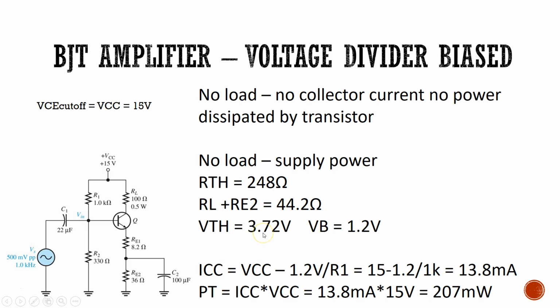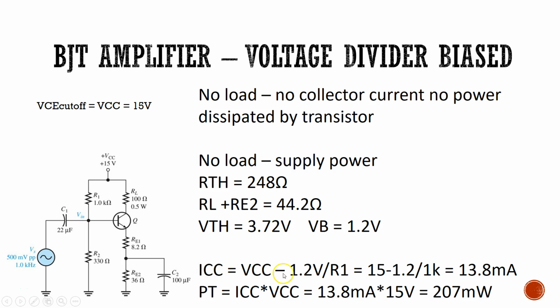And our V Thevenin is 3.72 volts. So with that and the diode, we use the voltage divider here to find the voltage across the 44.2 ohms, subtracting out the 0.7 volts for the diode. Then we can find VE and then add in the 0.7 for our 1.2 volts that we find for VB.